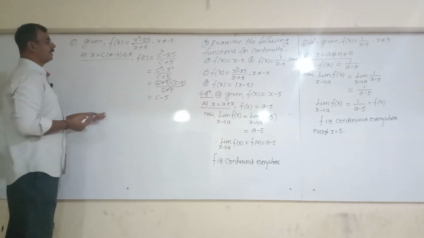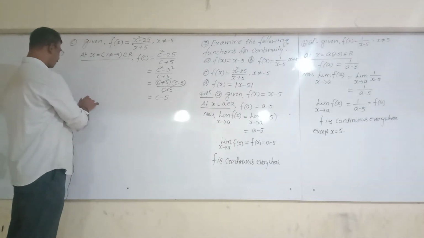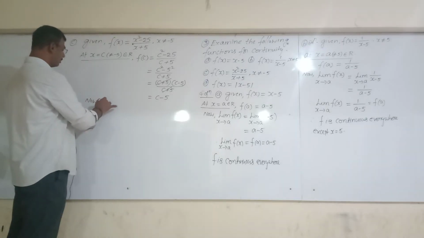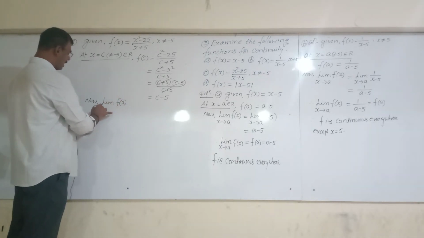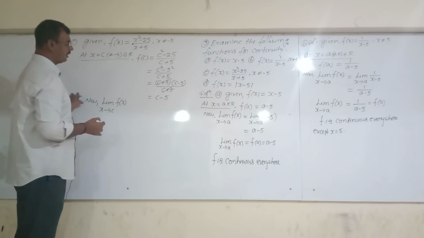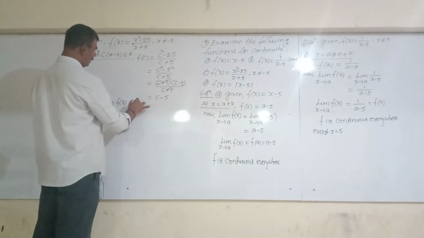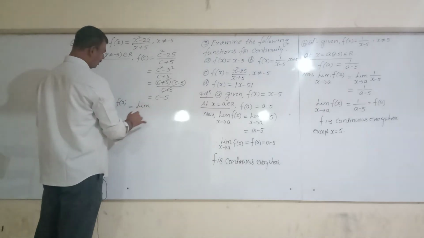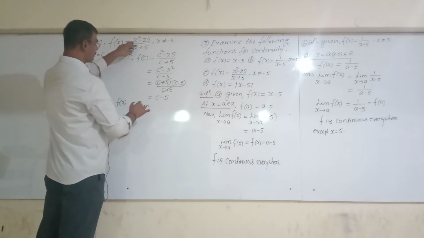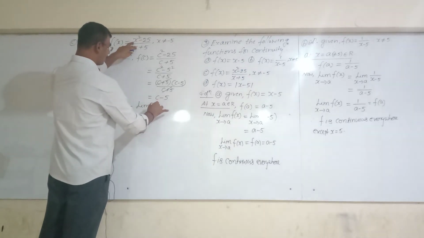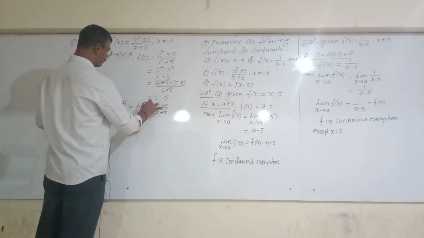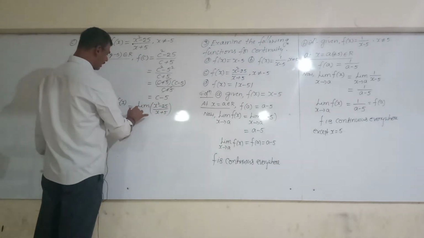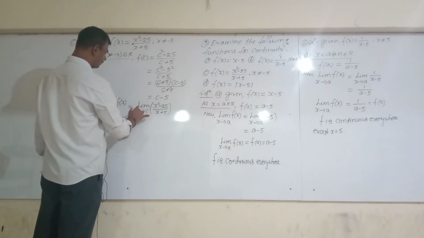Now I will find the limit of the function. Limit of f of x as x approaches c is equal to limit of x square minus 25 upon x plus 5 as x approaches c.